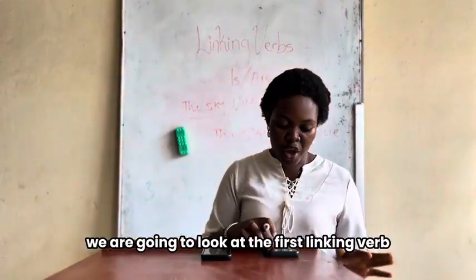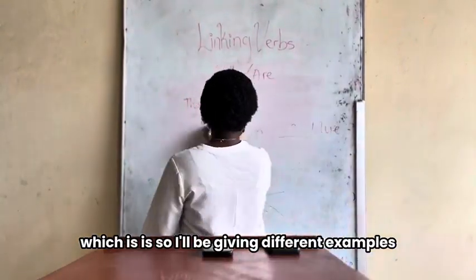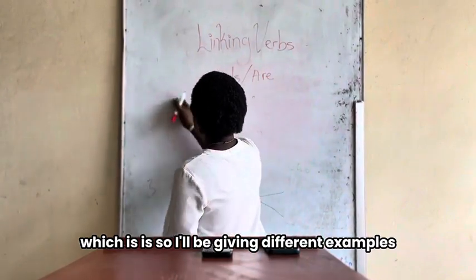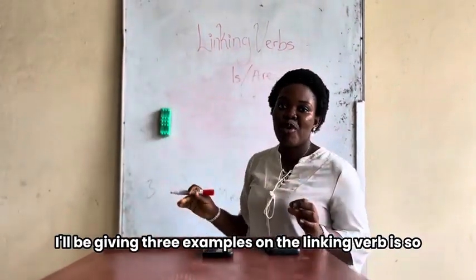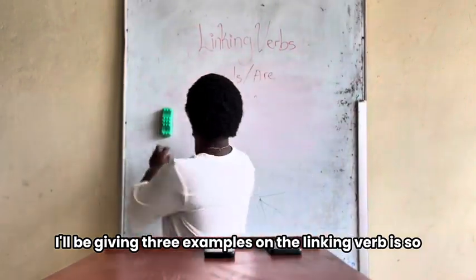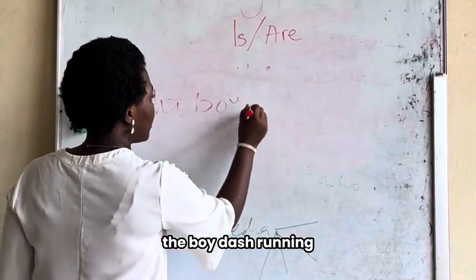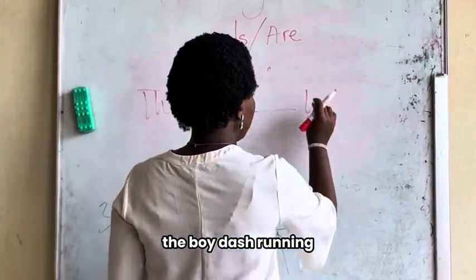So first of all, we are going to look at the first linking verb, which is is. I'll be giving different examples. I'll be giving three examples on the linking verb is. So the boy dash running.